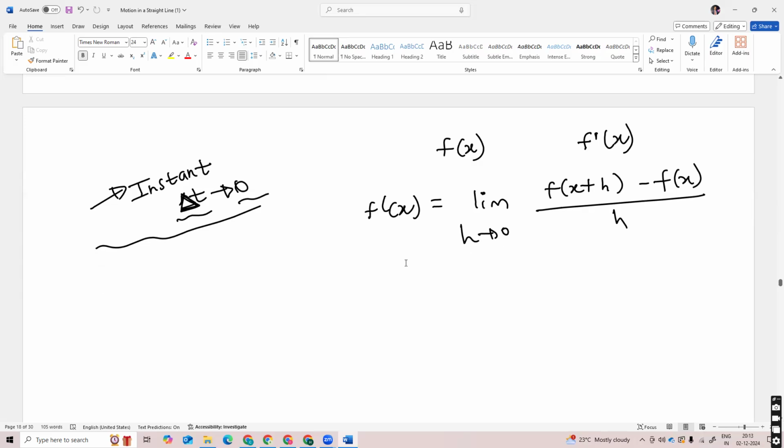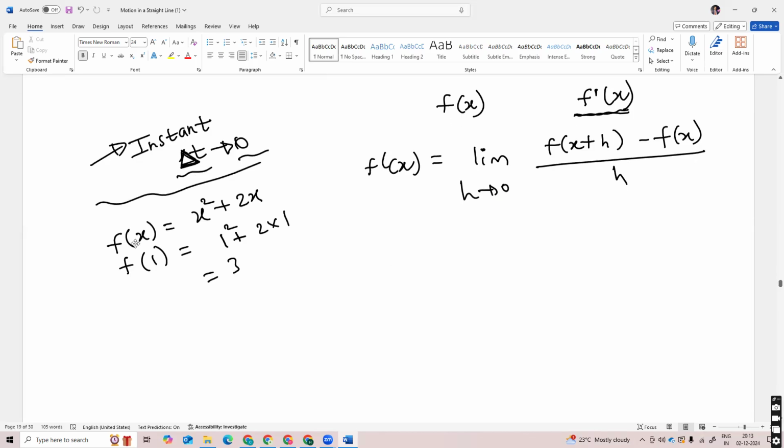Okay, so here we are finding the derivative. What are we doing basically? If let's say f of x is equal to x square plus 2x, then f of 1 is equal to 1 square plus 2 into 1, that is basically 3. Now we are finding the derivative of this function.